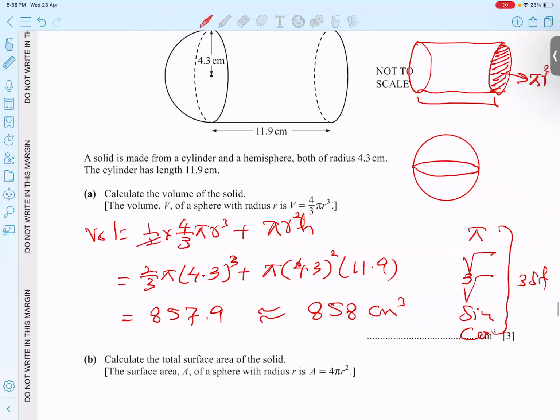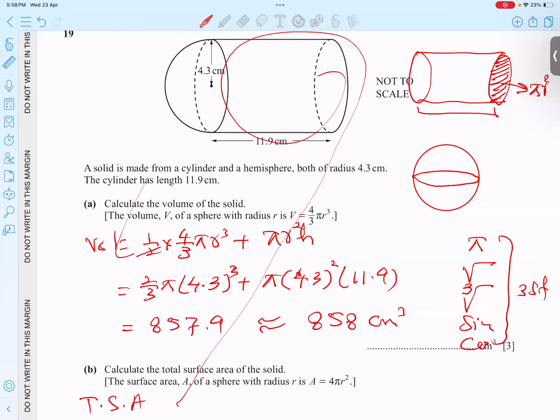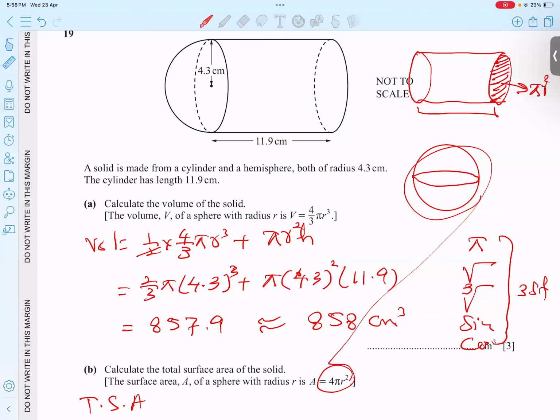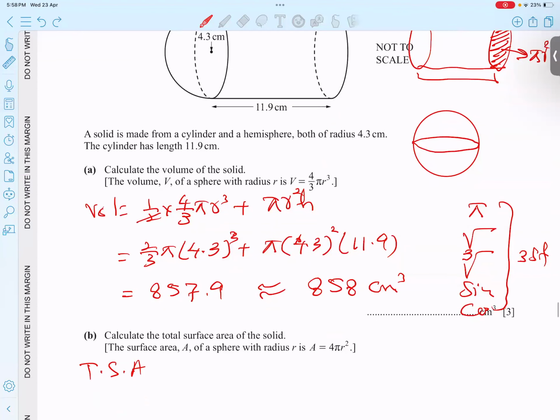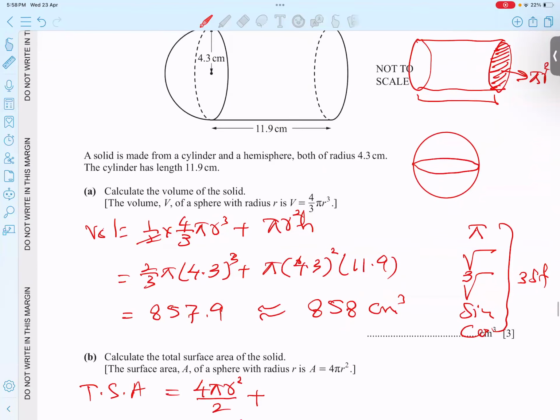Total surface area, very interesting part. So let's say TSA. This is a prism, but the upper part is not a prism. The full surface area of the sphere is 4 pi r square, but half is 4 pi r square divided by 2, which becomes 2 pi r square. And what about the cylinder?